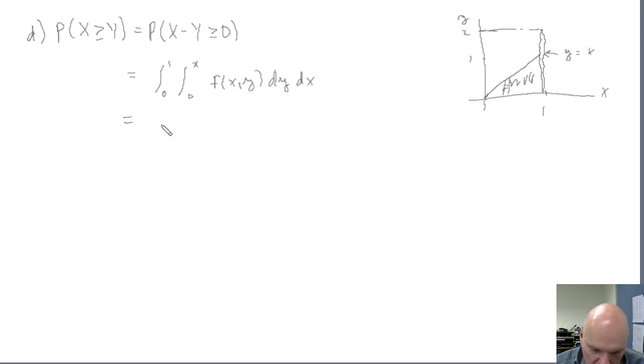So I carry out this integral. Actually, let me substitute in our PDF. I have 1/2 x times (1 plus y) dy dx. So first integrate with respect to y.